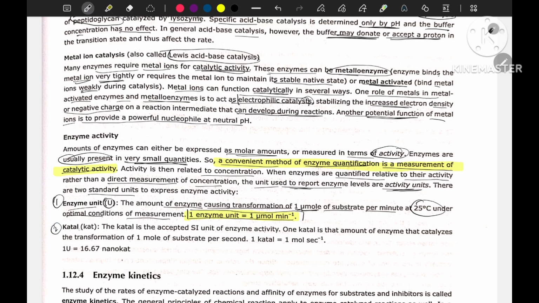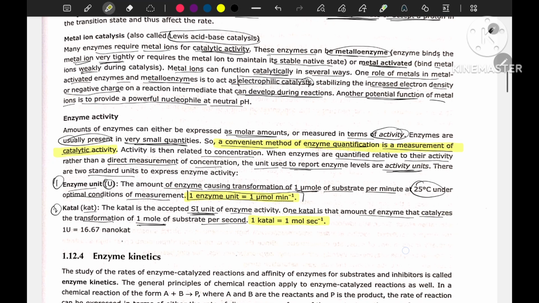Number 2, the katal. The katal is the accepted SI unit of enzyme activity. 1 katal is the amount of enzyme that catalyzes the transformation of 1 mole of substrate per second. 1 katal is 1 mole per second. 1 U is equal to 16.67 nanokatal. Difference in size.